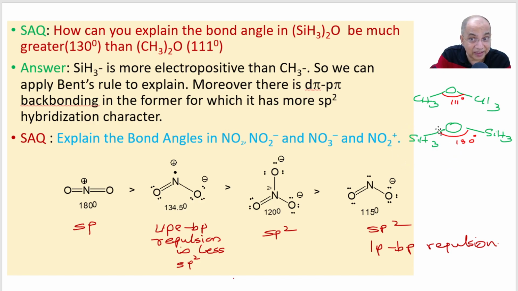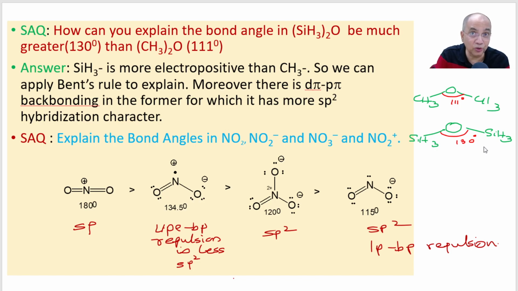But Si, silicon, is more electropositive than carbon. So SiH3, the silyl group, has an even greater electropositivity. So compared to methyl, silyl will direct more S character into the hybrid orbital of oxygen. So the repulsion factor is still more, and it is therefore 130 degrees.